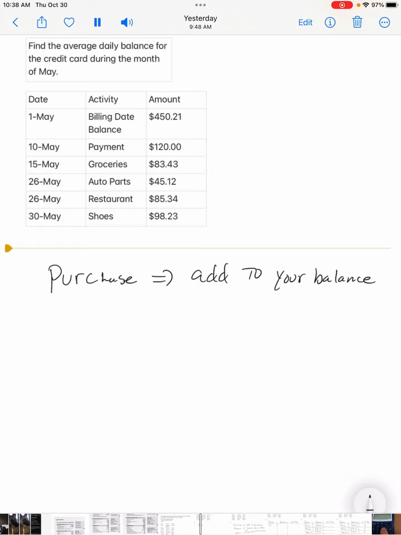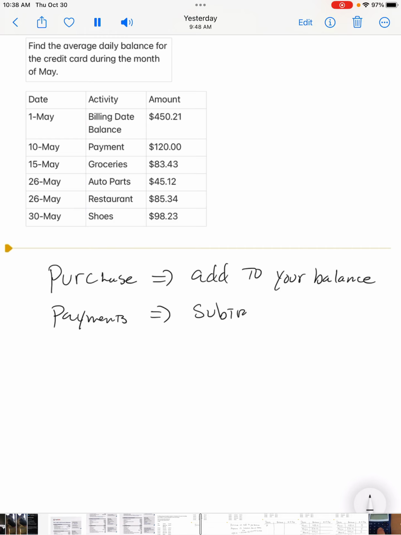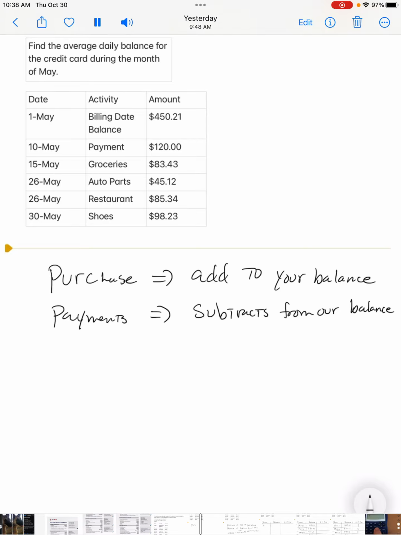And when we make purchases, we add to that balance. When we make payments, it subtracts from our balance every time. So a purchase would add to it, a payment would subtract from it.